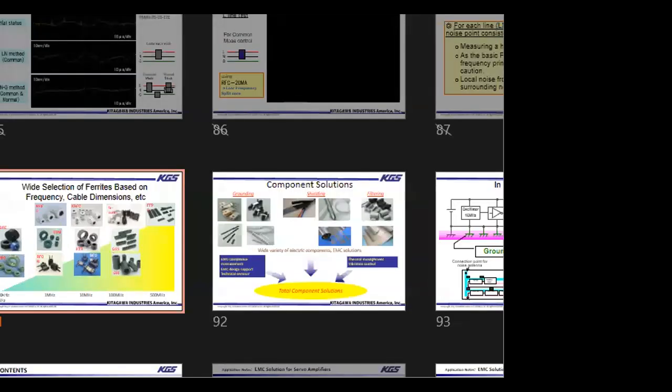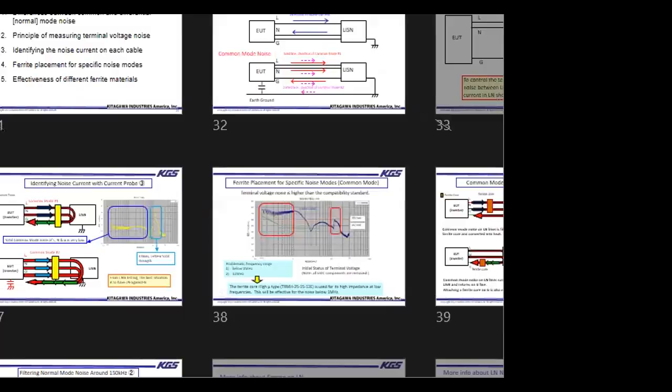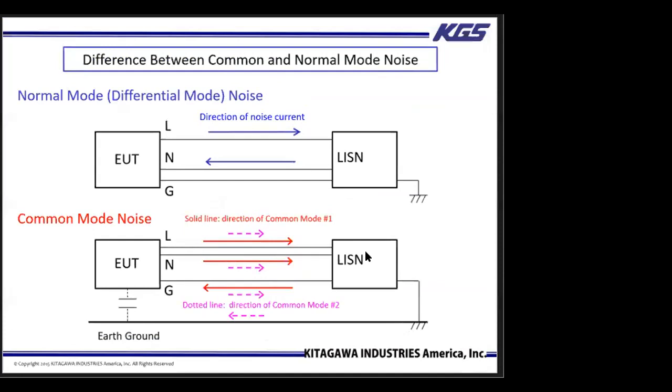What does N stand for? I'd want to say a line and a neutral. Yes, that's correct. So live, neutral, and ground. Okay, all right. Yeah, we make it short.